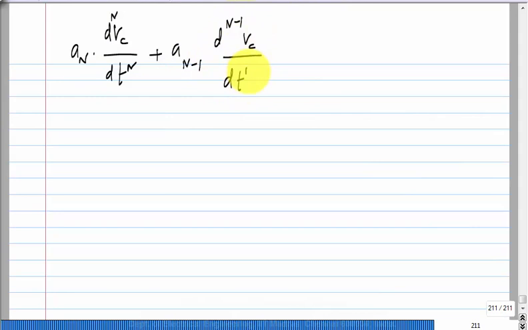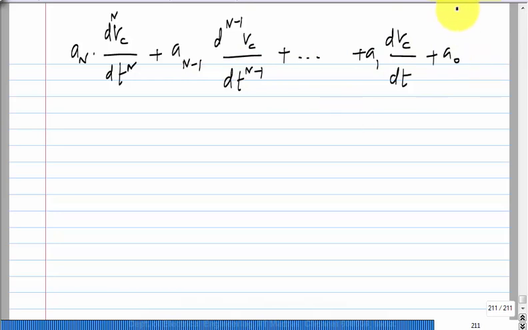Because if you have, let us say, I will still keep Vc as the variable, an nth order system where the highest derivative of the dependent variable is nth, it will be in general of this form.